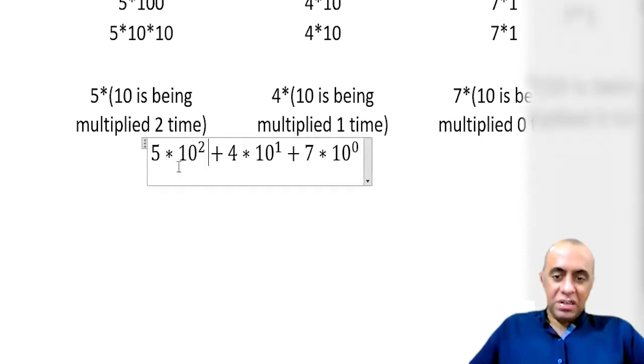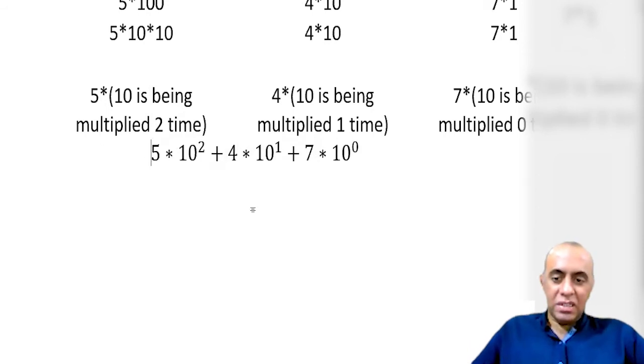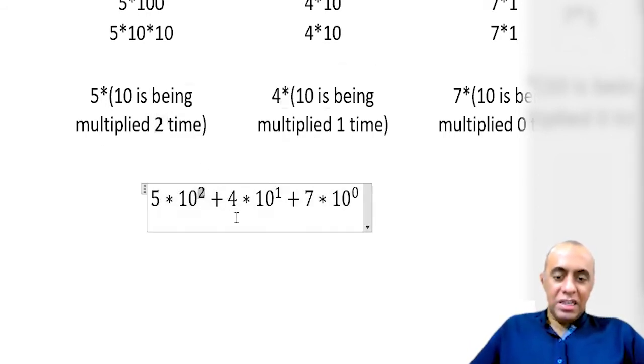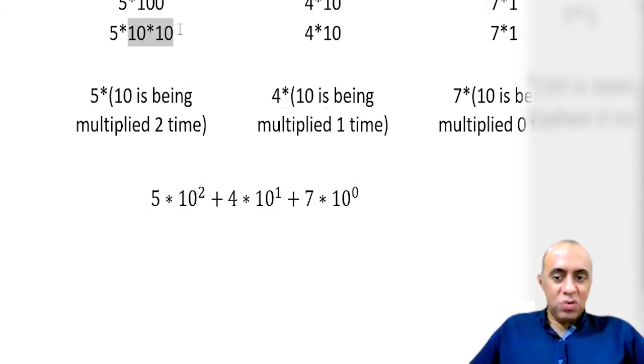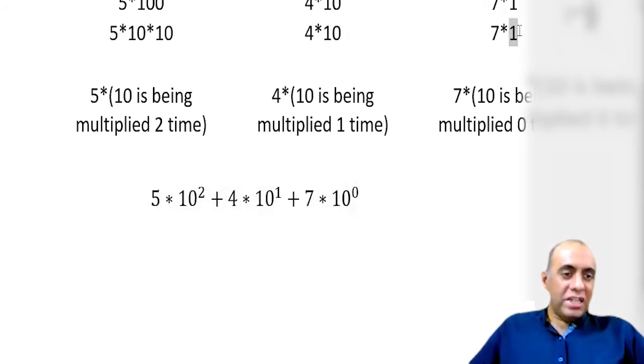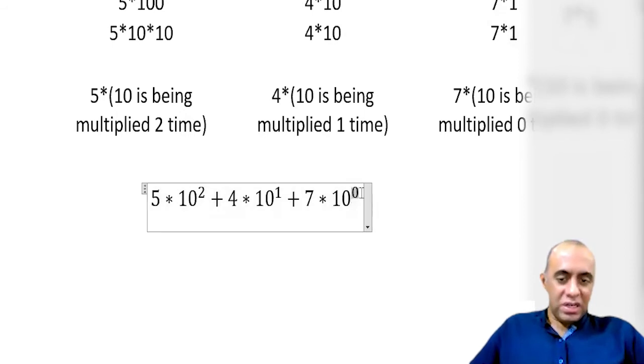And that is how we write this 2 I was talking to you guys about in this line. This 2 is being seen over here as the small number on the top right corner of a number. So it means that 10 is actually being multiplied 2 times here. And if I write 10 to the power 1, I'm trying to say that 10 is being multiplied once over here. If I try to say 10 to the power 0, I'm saying that there is only a 1 and there are no tens. There are 0 tens over there, right?